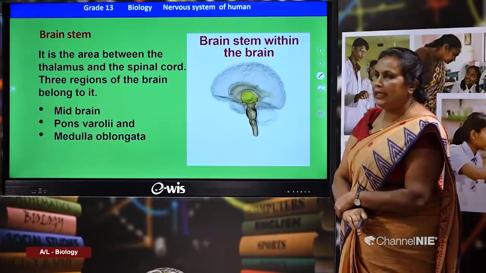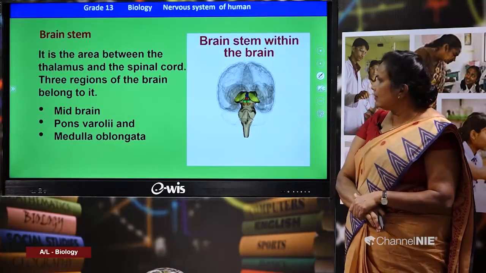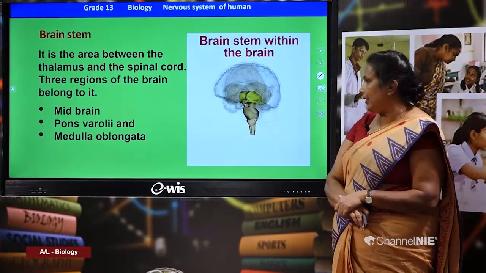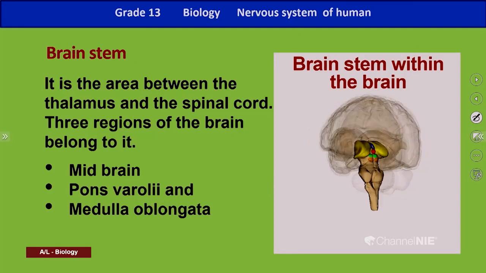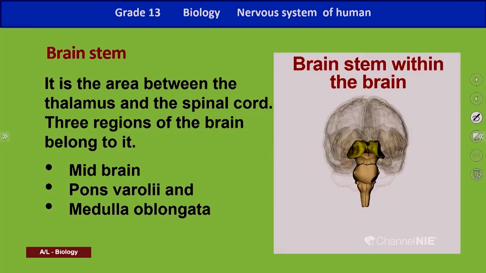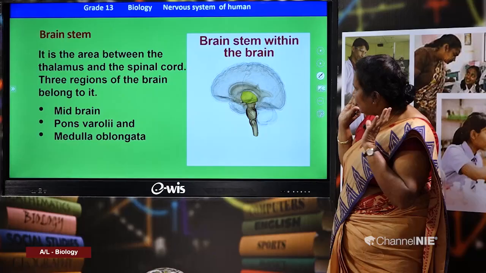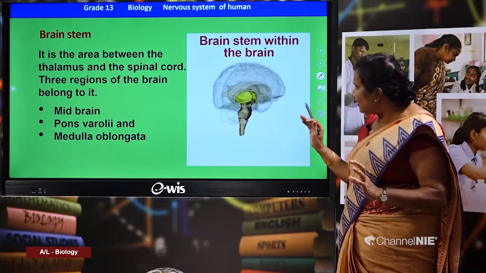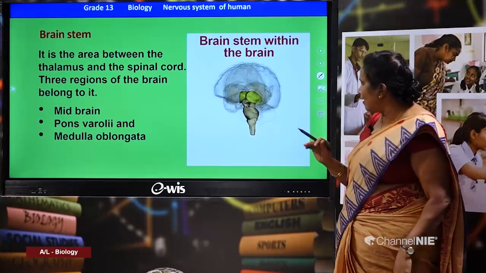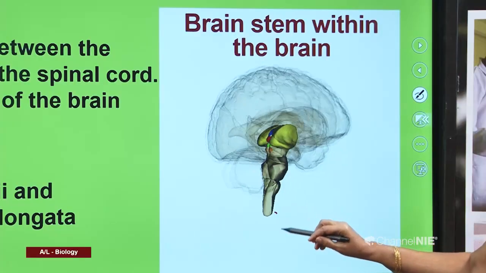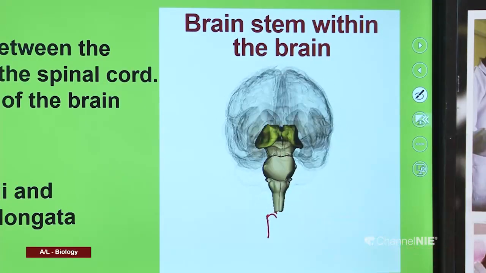Then the brainstem, right. This is also a very interesting part of the brain, the area between the thalamus and the spinal cord. Now, you can see in this particular animation, green color regions are the thalamus, right. Below this area is the spinal cord.